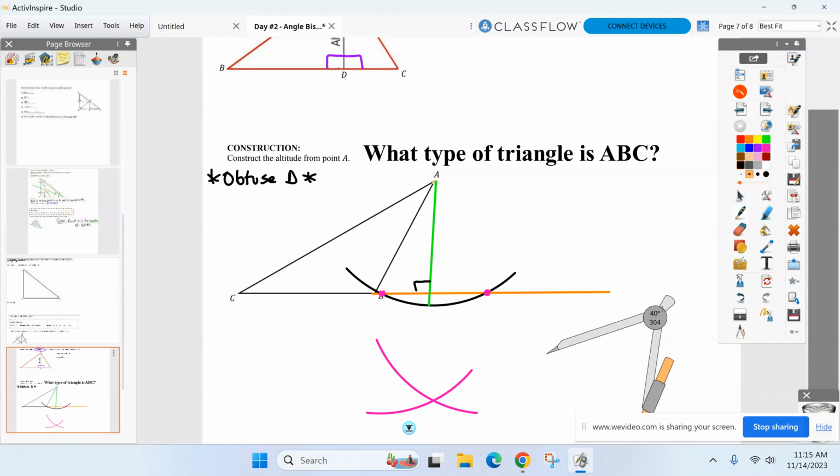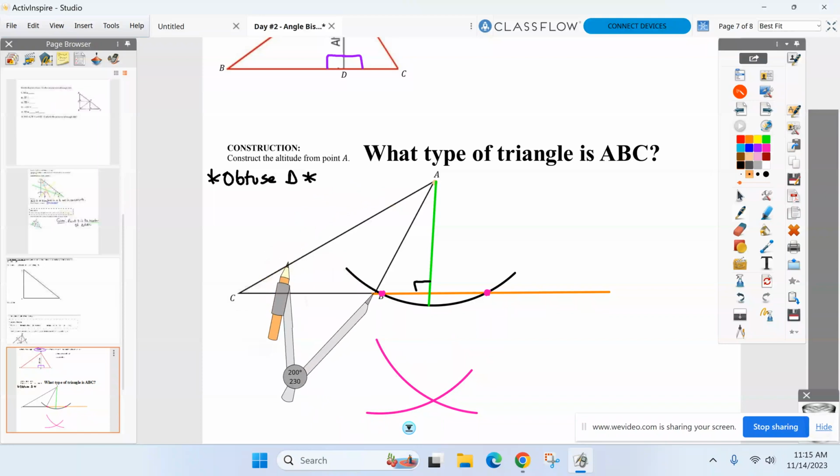All right, why don't you try it now from vertex B to AC. Draw your altitude from vertex B to AC now. Because there's a reason I'm introducing altitudes here. There's got to be a reason. So from B to AC, everybody. I think we can get this. We don't need to extend it.